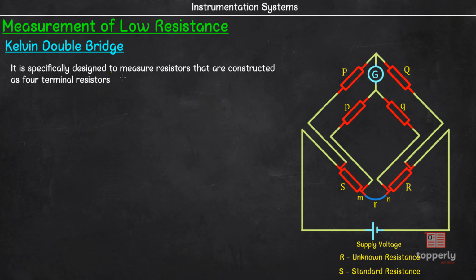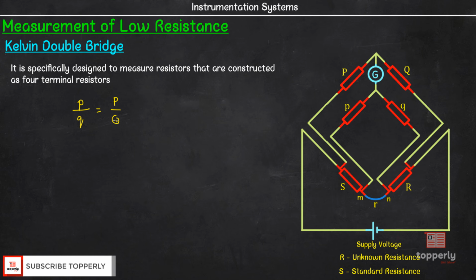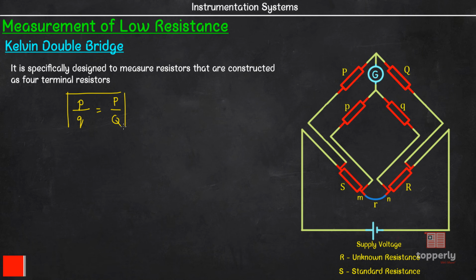Also as before, here R is the unknown resistance, S is the standard resistance, and small r is the lead resistance. A very important thing to keep in mind is that small p and small q are chosen in such a way that small p by small q is equal to capital P by capital Q. That is the ratio of these sets of resistances. This is very important.